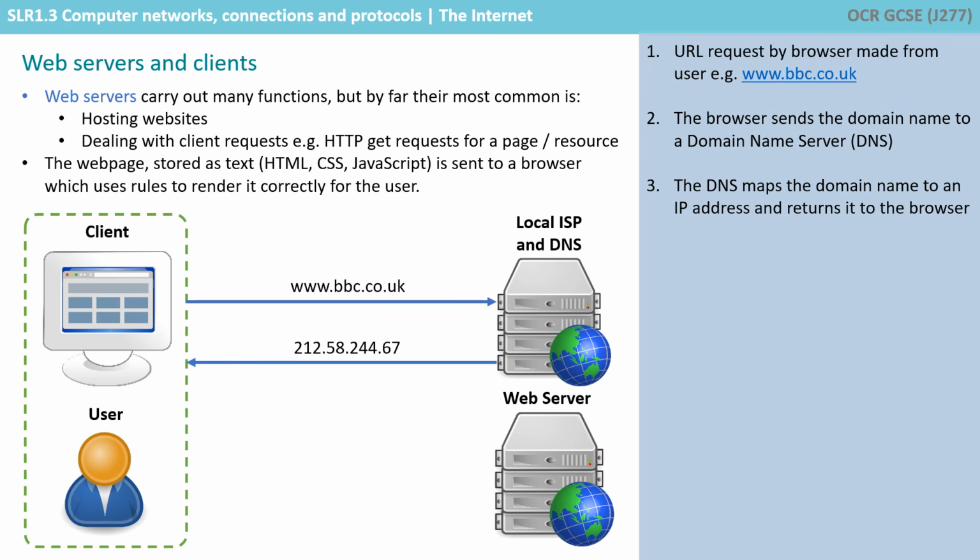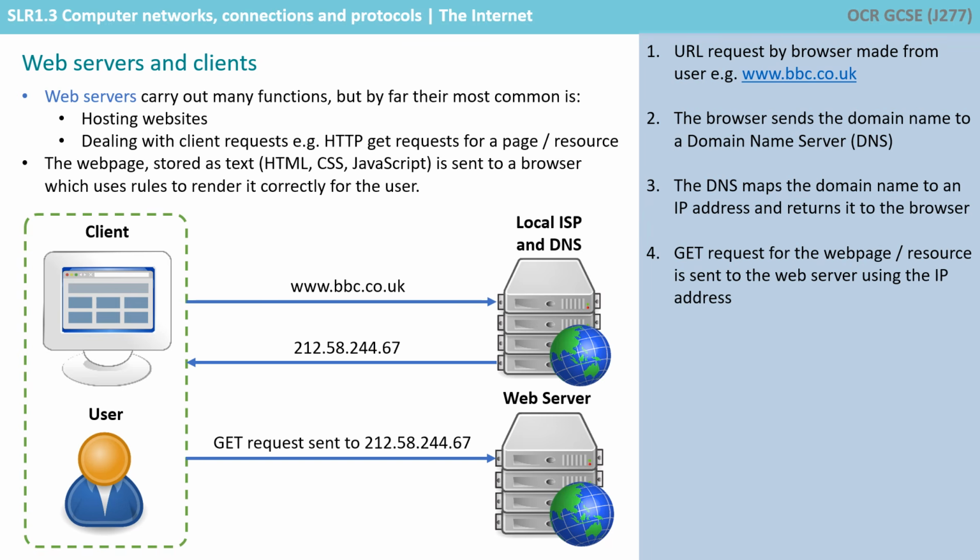For example, the BBC web server may be at IP address 212.58.244.67, but we would prefer to remember a URL such as bbc.co.uk. Special servers on the internet called domain name servers convert a URL into an IP address for the routers to use.